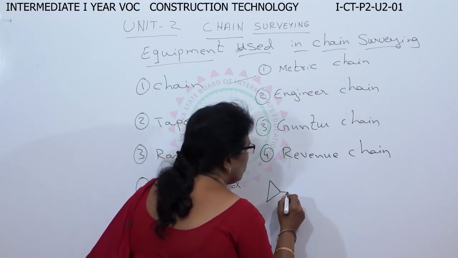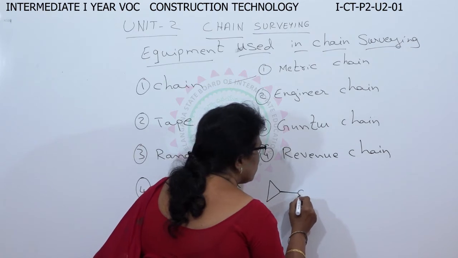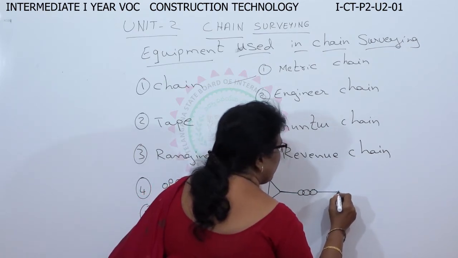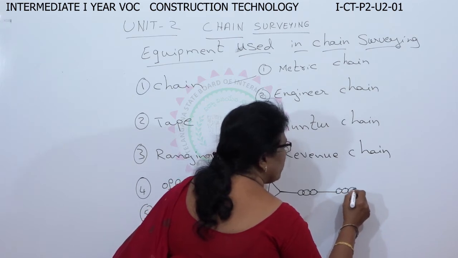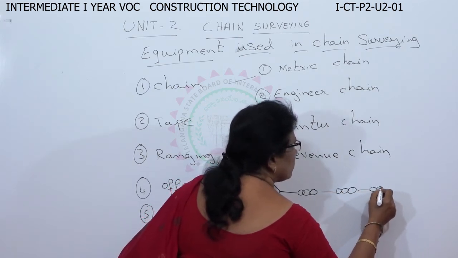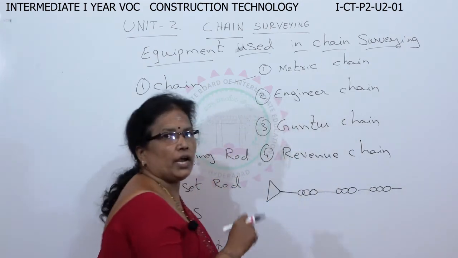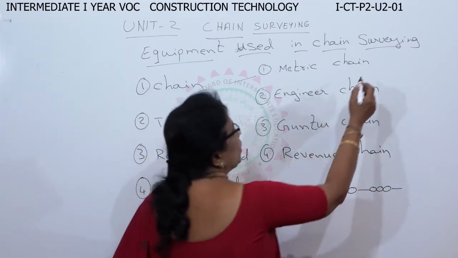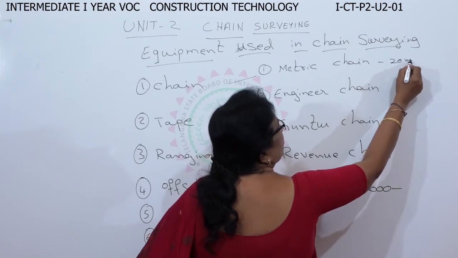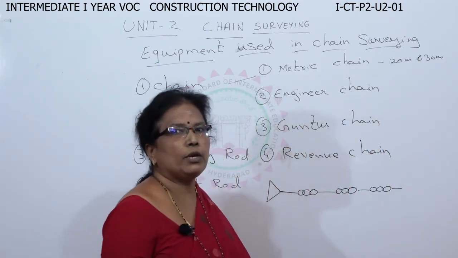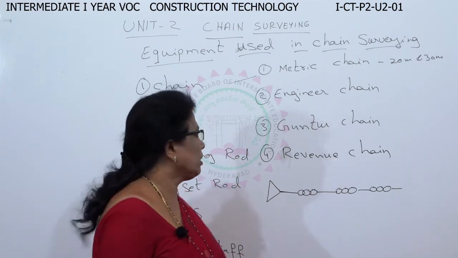How it looks. I have shown you the chain. So again I will show you the instrument. Meanwhile you look at the drawing. This is the chain. It is available in 2 lengths, 20 meters and 30 meters.